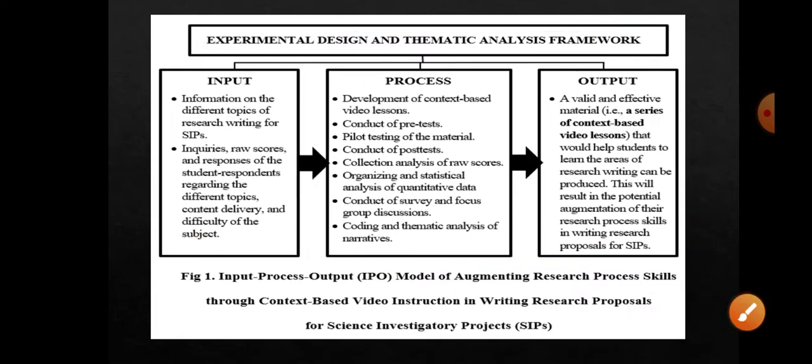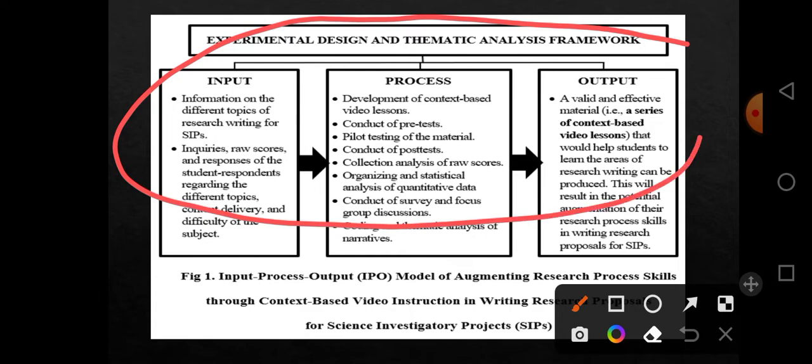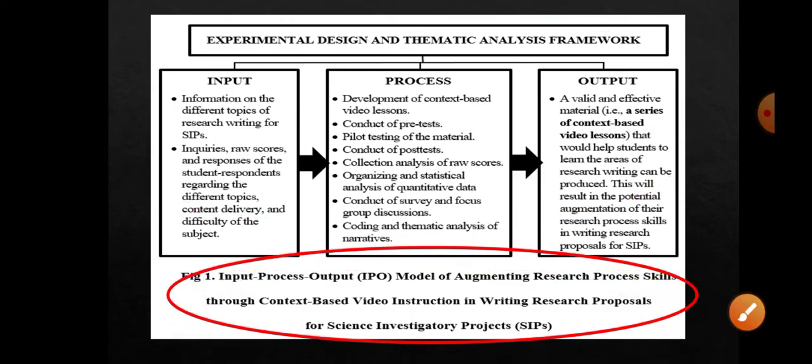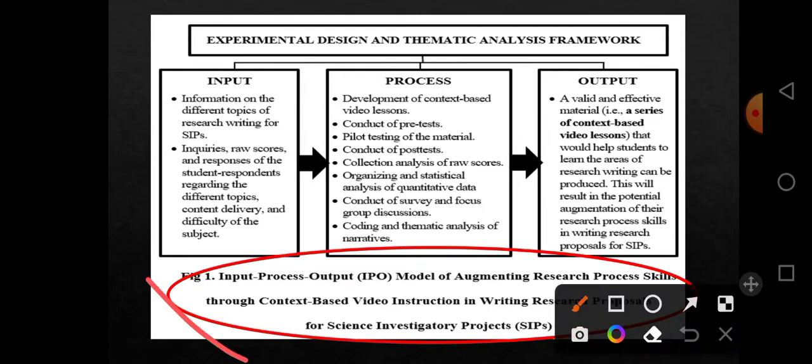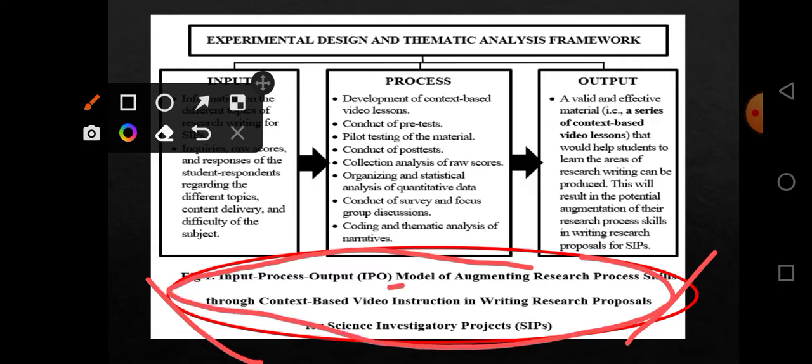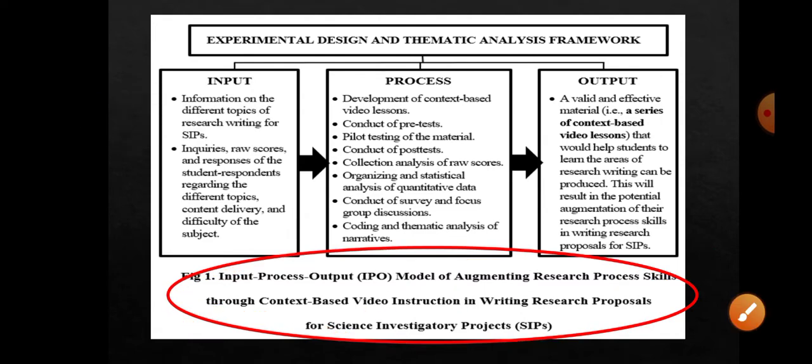Below this figure of your framework, you must indicate the title of your research framework figure. It is written in an inverted pyramid format, in boldface type. And take note that you will be using title case capitalization, so you must capitalize all the important words in this title.